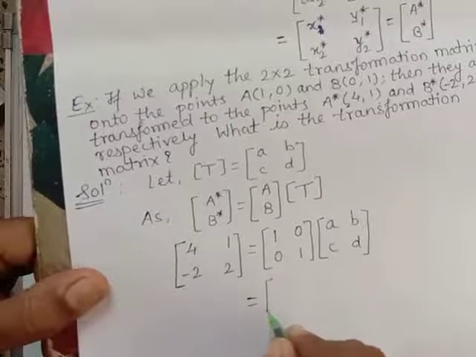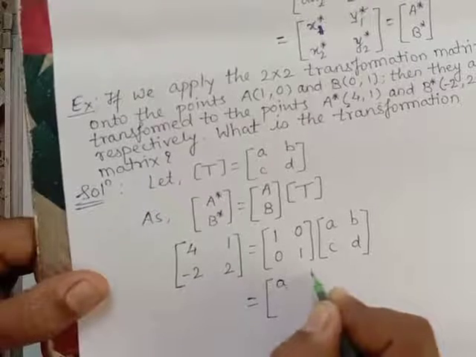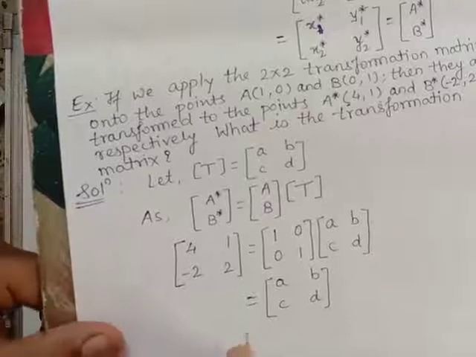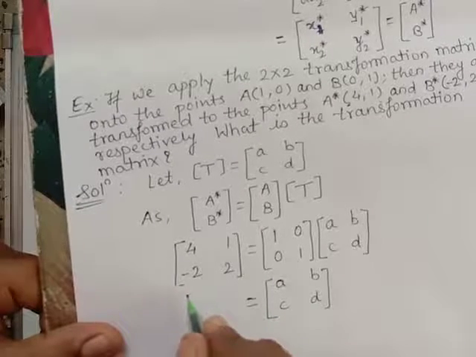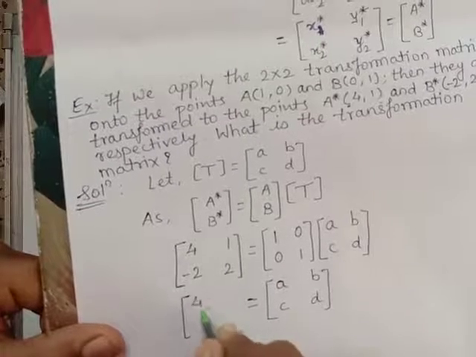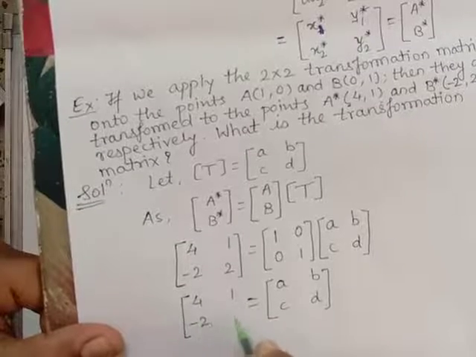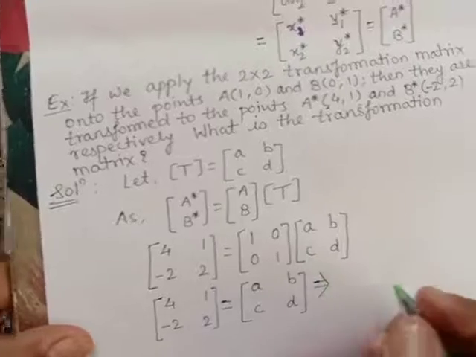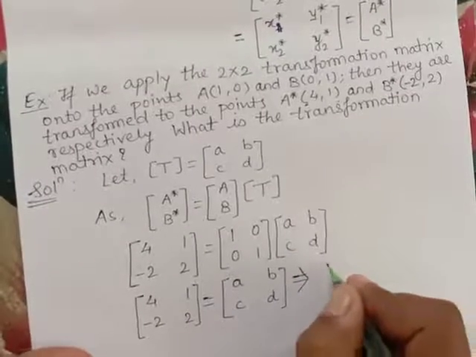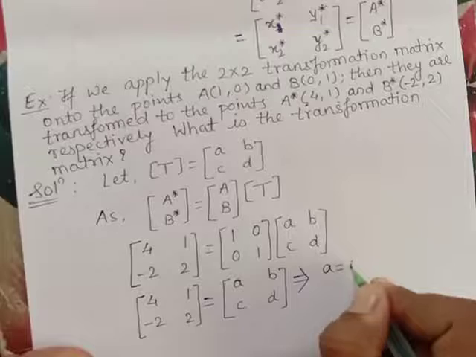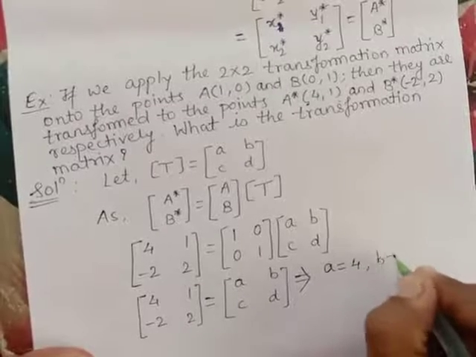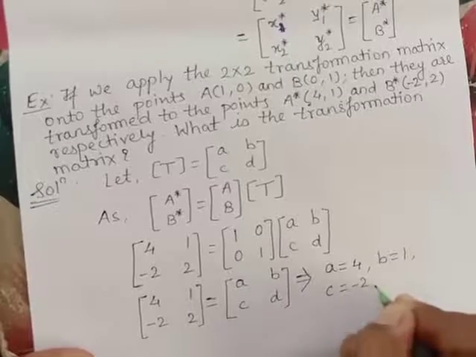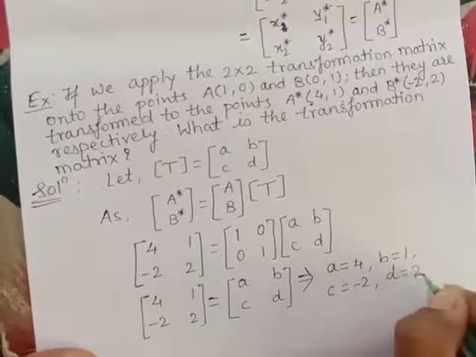So here this is [a b; c d], right? Comparing both sides, the entries of the matrices, what we get? This gives us a is equal to 4, b is equal to 1, c is -2 and d is 2.